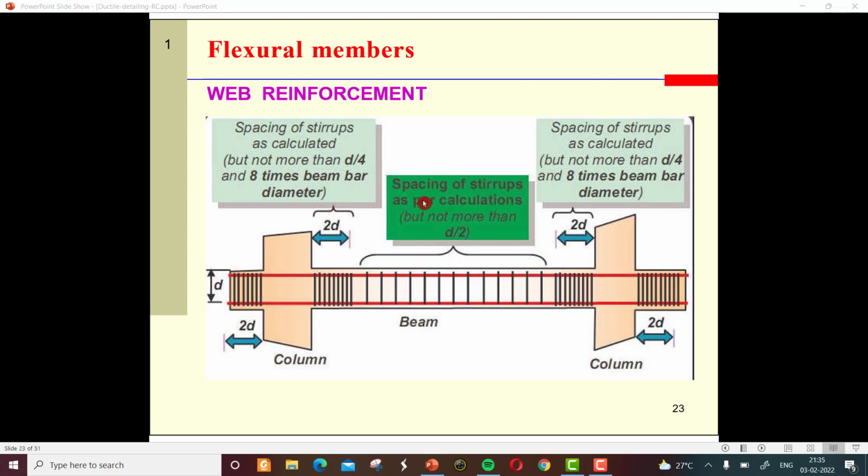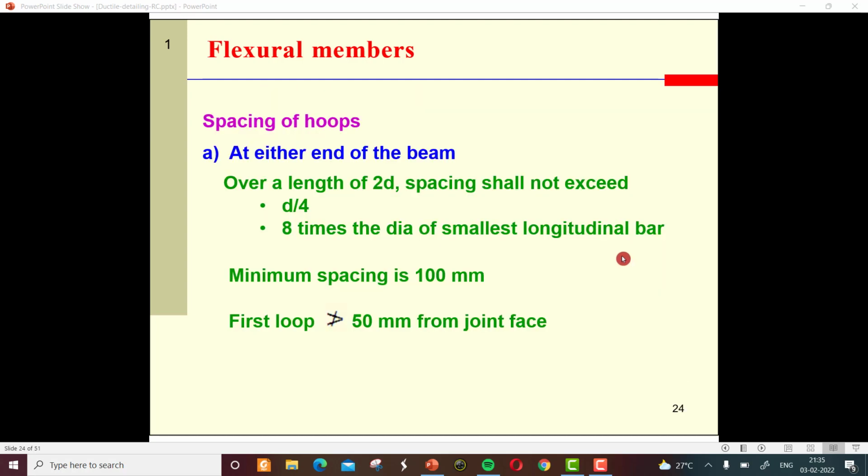The spacing of stirrups as per calculations, but should not be more than d by 2 in the middle region, and the same applies near the columns. Regarding the spacing of the hoops at either end of the beam, the same thing is repeated here.